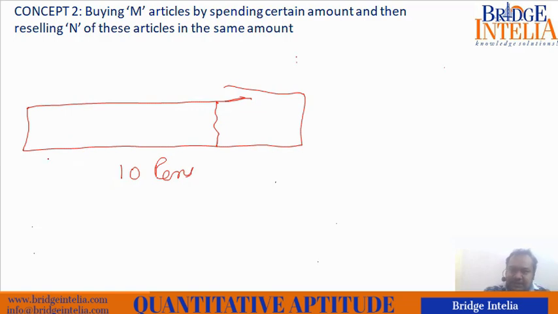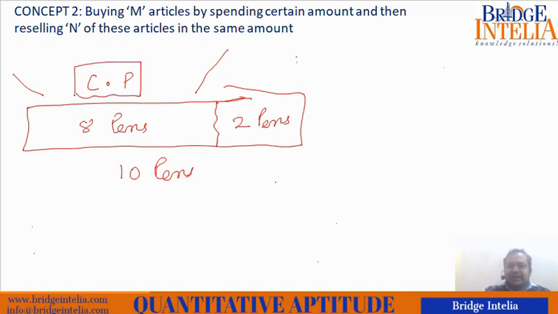To recover his money, he sold 8 pence and kept 2 pence as a profit. So the shortcut is this: the number of articles that you sell to recover your investment acts as your cost price. You can consider this as your investment.